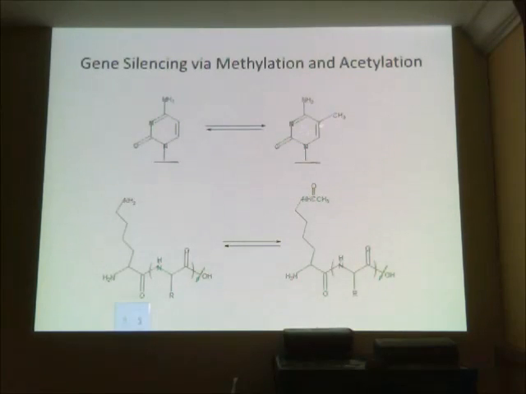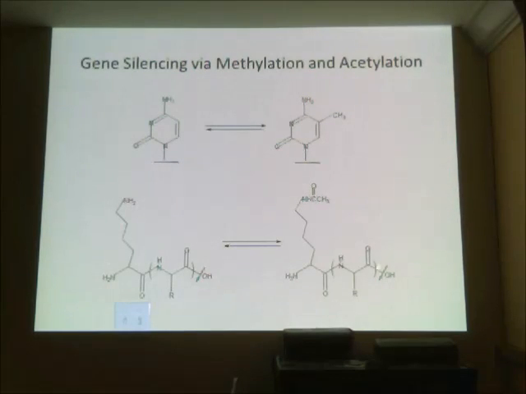If we methylate cytosine, and cytosine tends to be methylated when it's next to a guanine, it's usually these CG combinations that act as a signal for methylation. That's one mechanism, and when this methylates, that can silence the gene. This double-headed arrow shows you that this is a reversible reaction. When it needs to be silenced, it's methylated. There's another enzyme that will take the methyl group off and then reactivate it again.